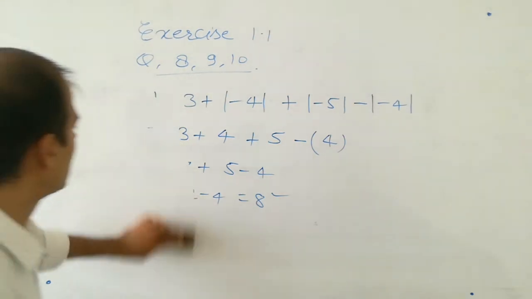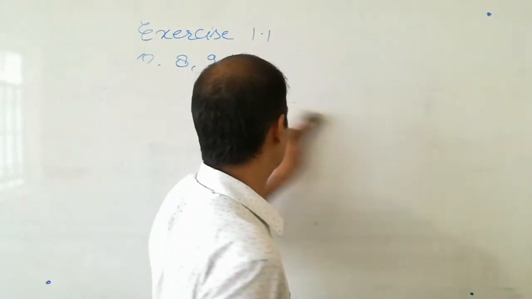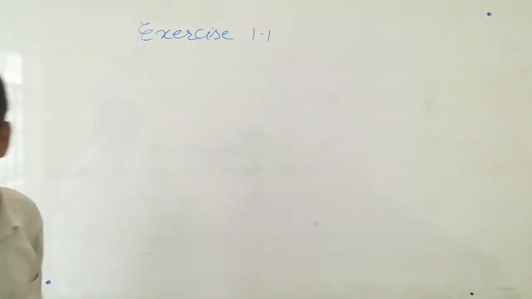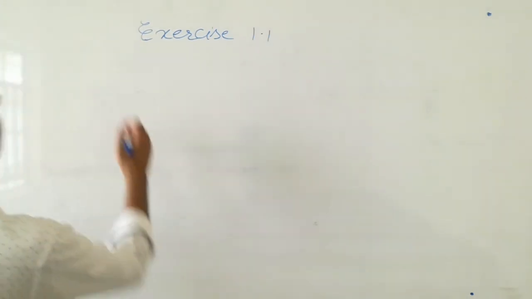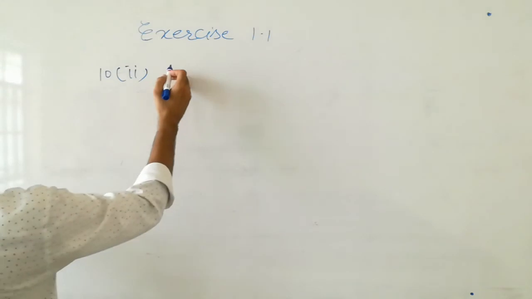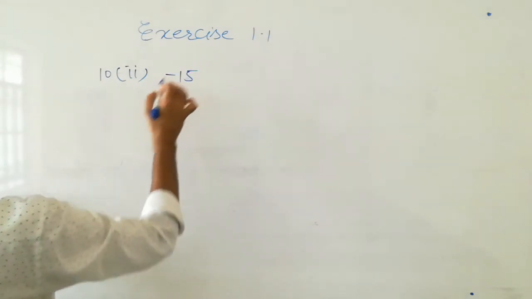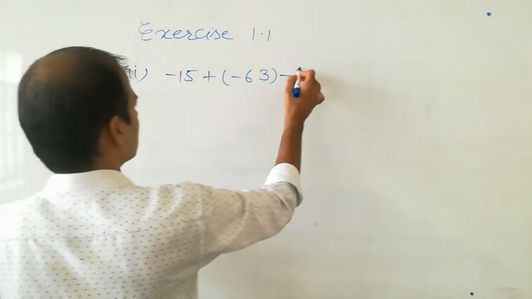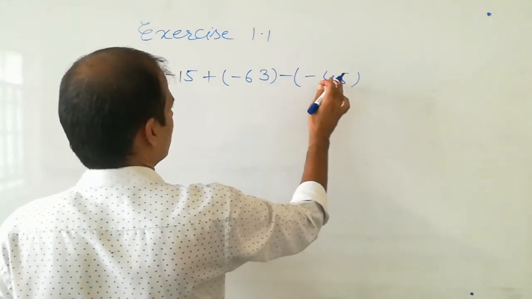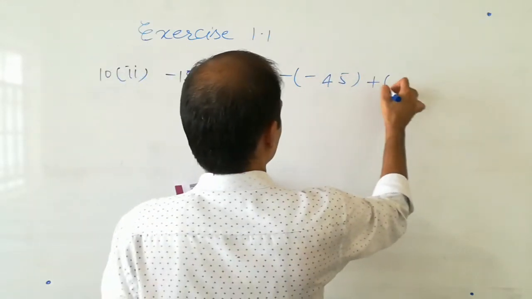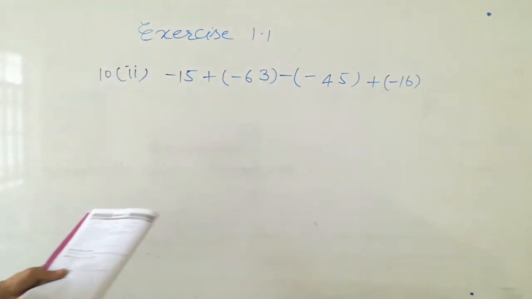And finally I am going to solve question number 10. Question number 10. And I will solve the second part. Second part of the 10th question, simplify. It is about simplification: minus 15 plus minus 63 minus 45 plus minus 16.